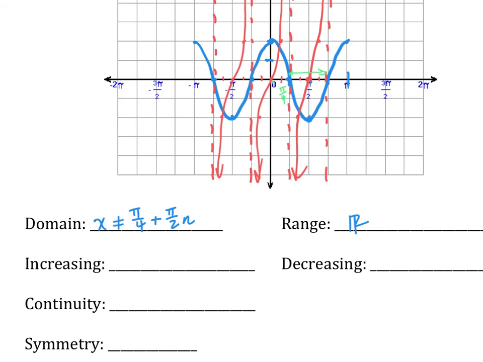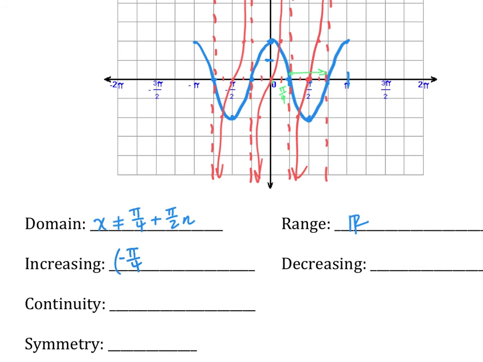Increasing. Well, this graph is always increasing, but you cannot put all real numbers because there are vertical asymptotes. So what you want to do is, again, pick two points where you contain this graph. So for example, between the two vertical asymptotes, I'm going to say, starting from this one to this one, that's one nice tangent graph. I'm going to say this shape keeps repeating. So the left-hand side of this shape is at negative pi over 4.